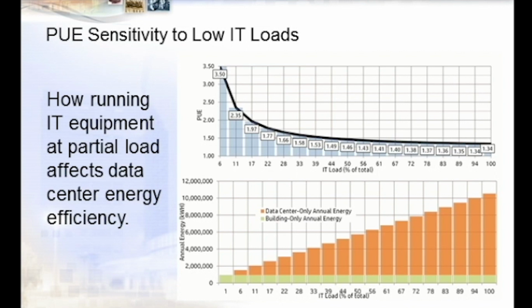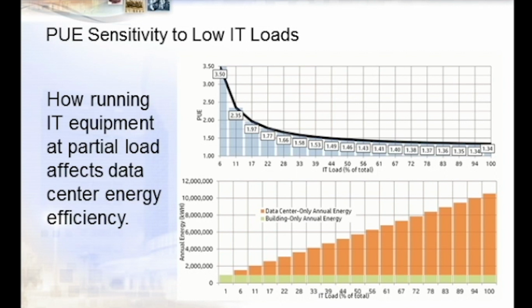One way to describe that in these two graphs that we're looking at is how PUE is affected by the IT load in the building. As an example, the top graph there is looking at the percent of the IT load as compared to what's driving the PUE.